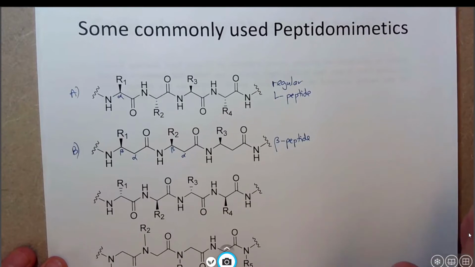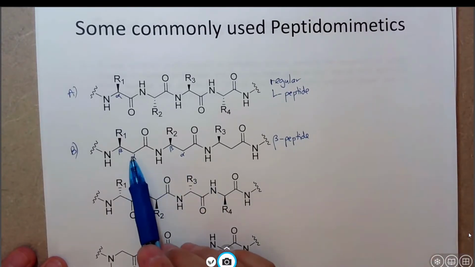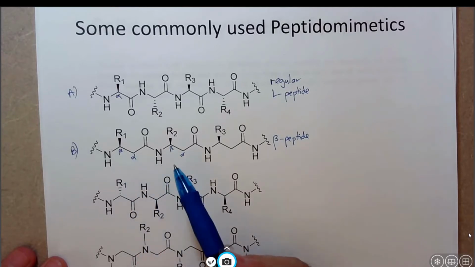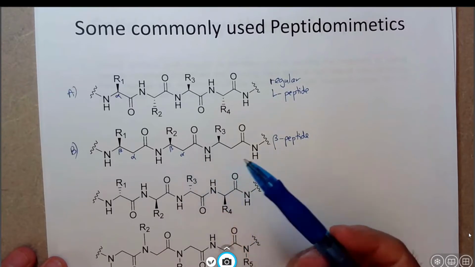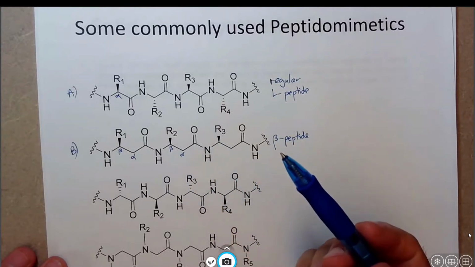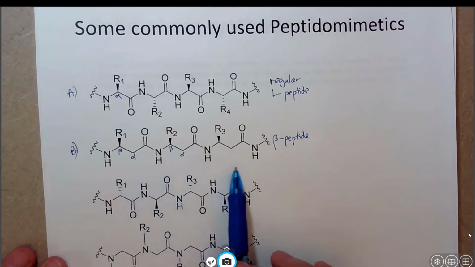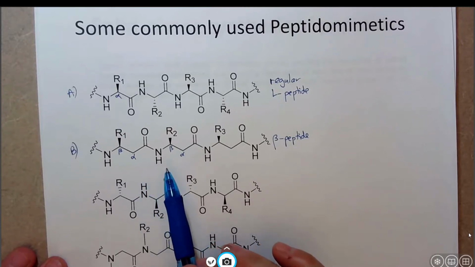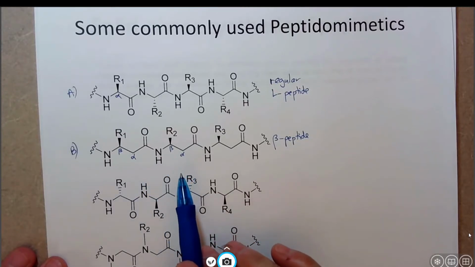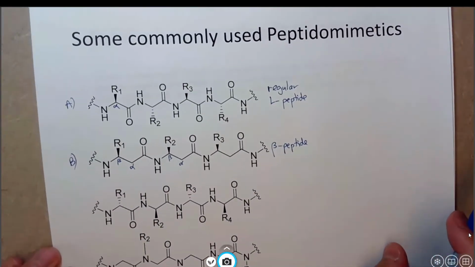Some of the advantages of using a beta peptide is that the additional carbon gives it a little more added hydrophobicity. So you can get slightly different structures, different shapes of peptides, and different stability. Furthermore, these peptides are not proteolytically degraded by proteases, so they're not recognized by the proteases that degrade them.